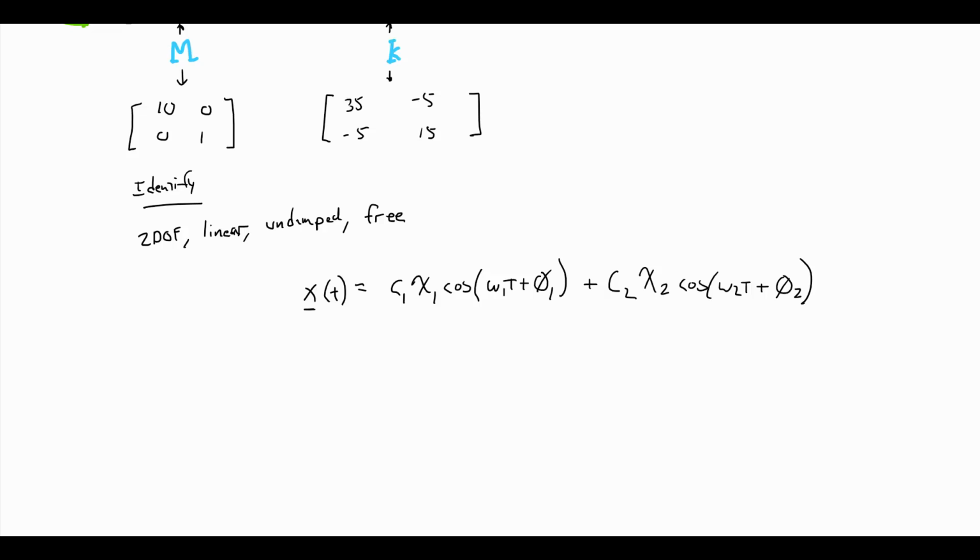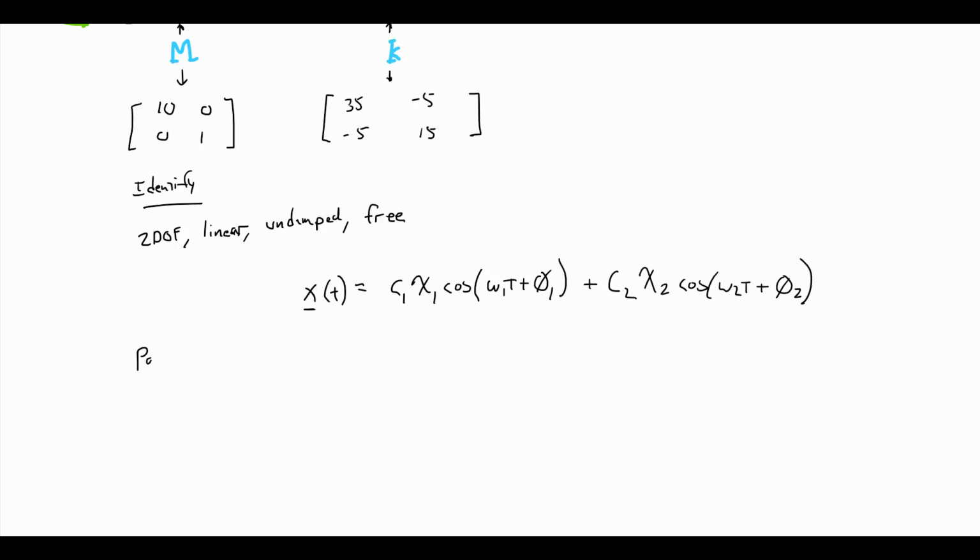There's no dissipation, so there's no steady state solution per se. This doesn't decay, it doesn't die out. It's going to keep oscillating at the 2 natural frequencies, omega 1 and omega 2. There'll be different phases, phi 1 and phi 2, and different amplitudes, which we'll get from the C1 and chi 1 combination and the C2 and chi 2 combination. But this is what the solution is going to look like.